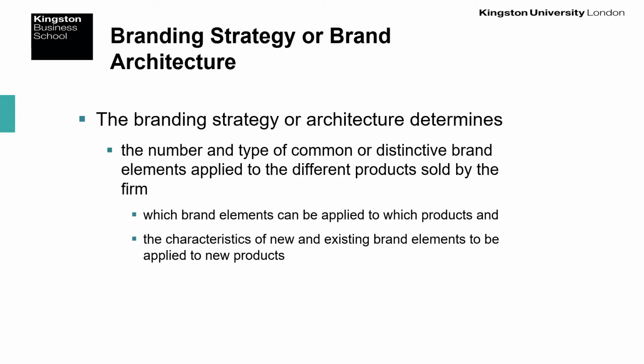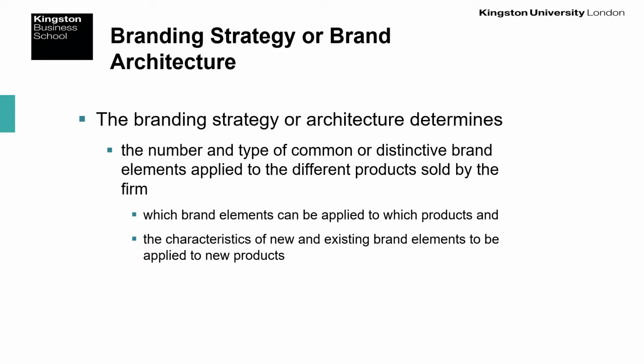But before that, let's just take a little bit of an overview. What is brand strategy or brand architecture all about? Well, it relates to brand elements. Remember, we looked at those back in a previous session earlier in the module. And brand elements are things like the brand name, the brand logo, brand colour or colours, the font that is used, the type of packaging and style of packaging, packaging design, the slogan, the jingle, brand characters, and so on and so forth.